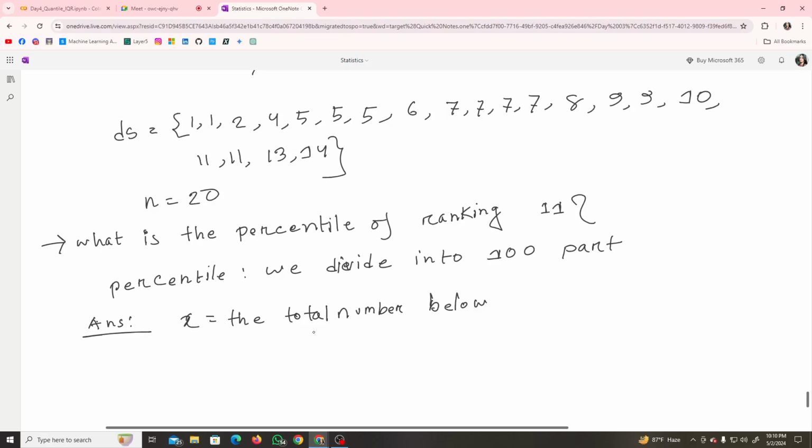So we have to count first what is the total number below 11. In our data set, if we sort this ascendingly, this is our 11.